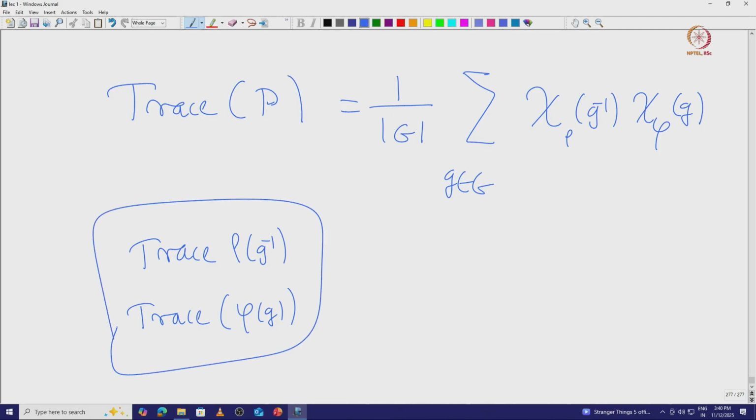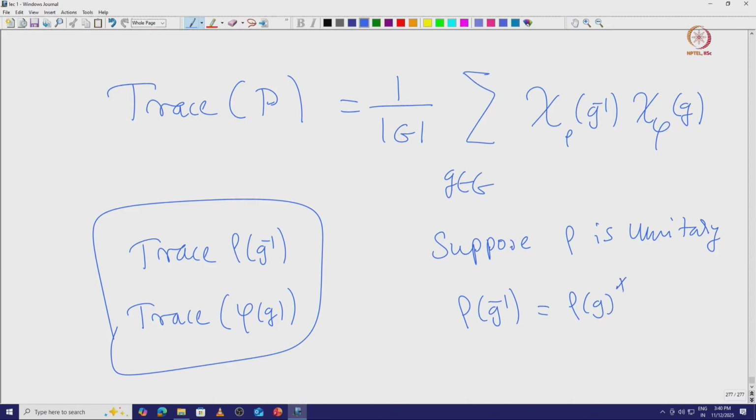But when we work with unitary operators, suppose this rho is unitary, then we know that rho of G inverse is rho of G adjoint. That means the trace of rho of G inverse is going to be the trace of rho of G bar.